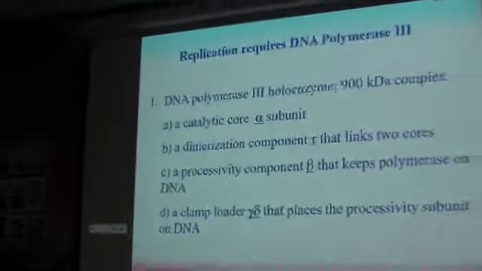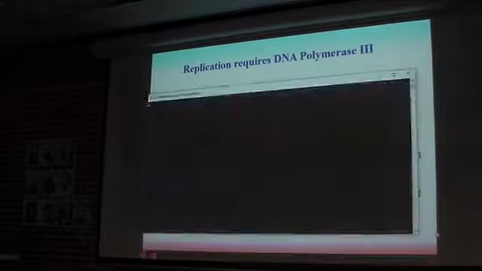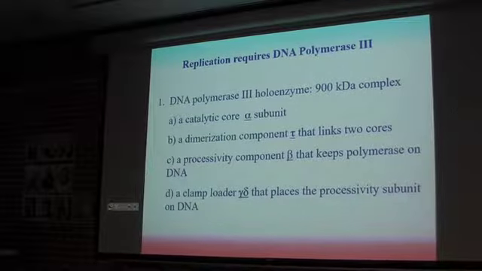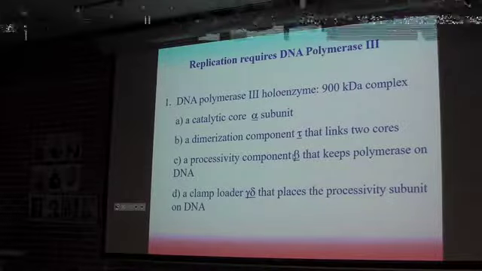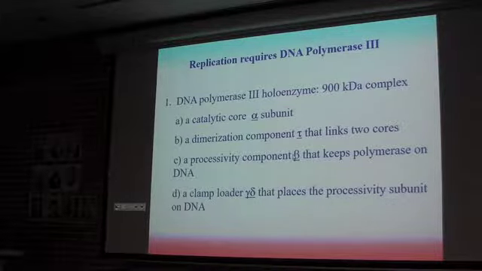Pol 3, a catalytic core. The alpha is actually the machine that makes the new strand. Dimerization component, tau, links the two cores. Processivity, beta. What does that mean? That's the beta clamp. It has two subunits, two betas. What's it called in a eukaryote?